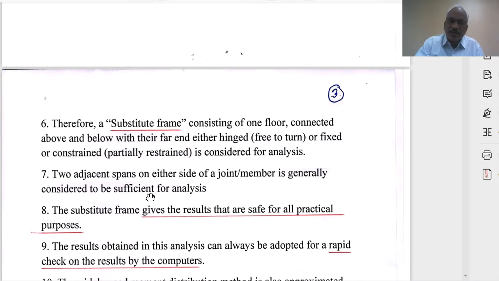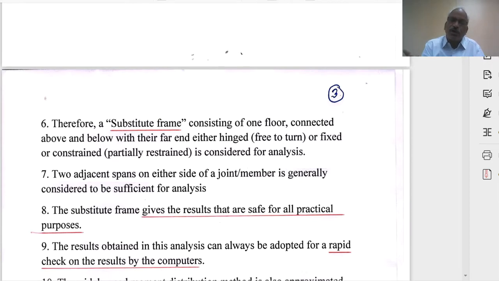That is, if you want to analyze the moment in the third column from the left, take two spans on the left hand side and two spans on the right hand side. There may be a number of panels, maybe 20 panels. For analyzing the moment in a particular column, we consider two spans on the left hand side and two spans on the right hand side.